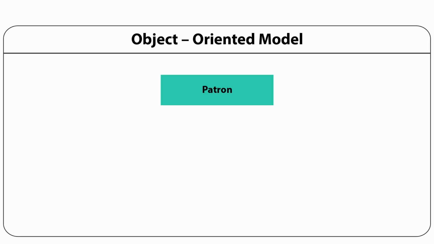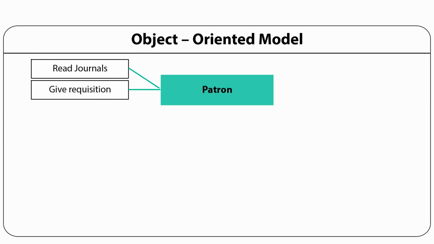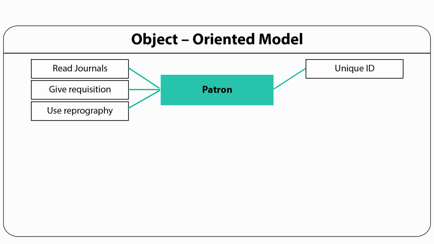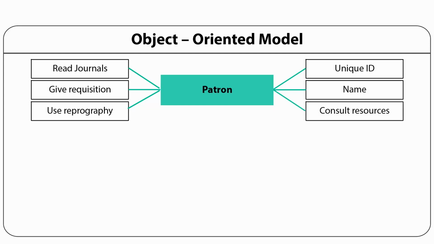Besides this, we have certain attributes associated with this block. That means a patron can read journals, a patron can give requisitions, a patron can use reprography, a patron will have a unique ID, a patron will have a name, a patron can consult resources in the library.